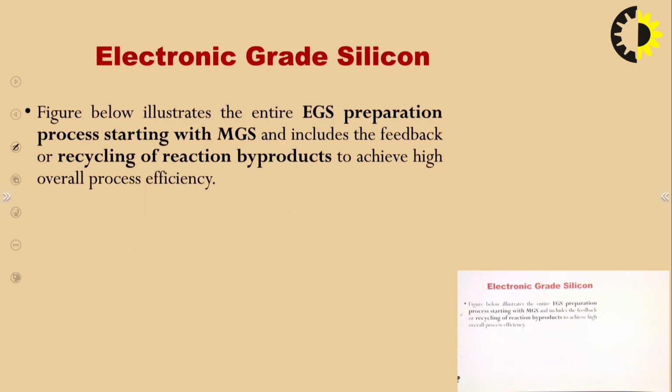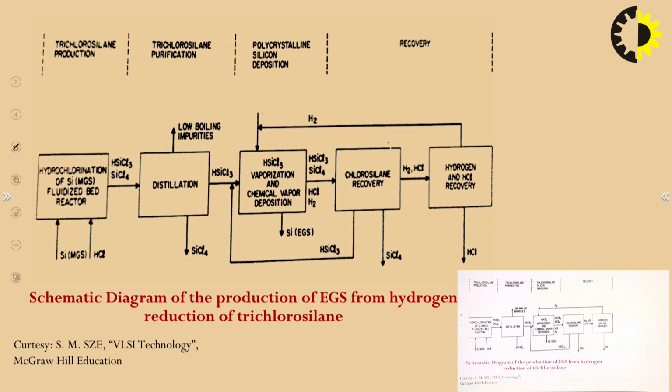Now the complete process of EGS production starting with MGS is shown in the figure. This figure has been taken from a very famous book written by SMZ on the subject VLSI technology. Here we can see, we have a silicon which is MGS, that is 98% purity.